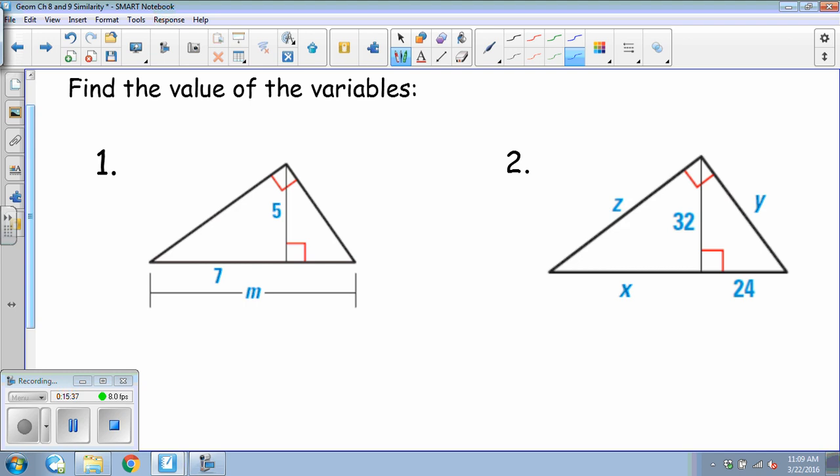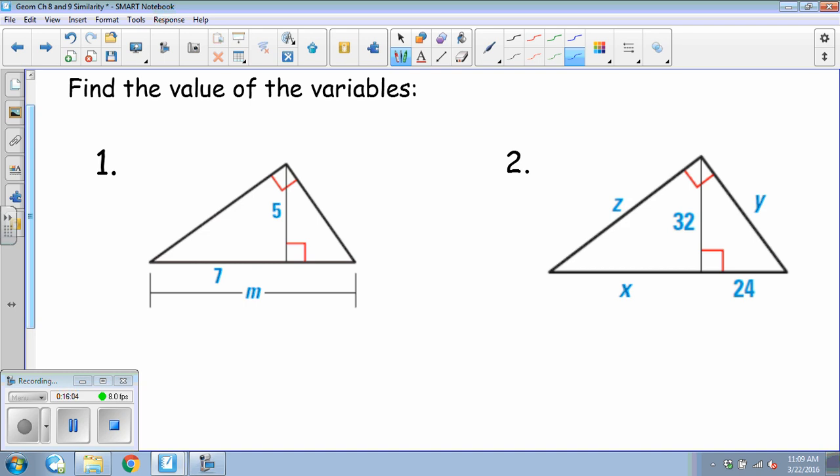Now, in these problems, there could be a couple of different ways that you could reach your answer. Right now, we're trying to figure out what m is. So we're trying to figure out the distance of the whole bottom part. I know it's a double right triangle, so I know that I can use these patterns. Okay? But more often than not, before you can figure out what that is, you usually have to figure something else out too.